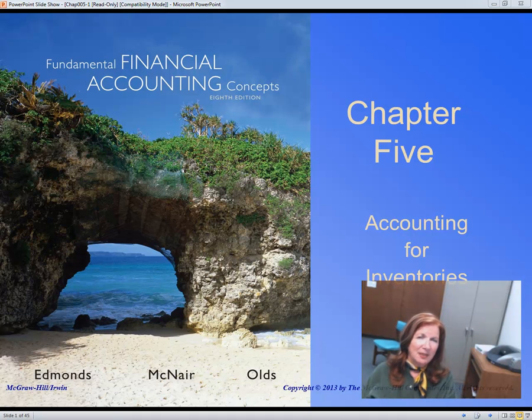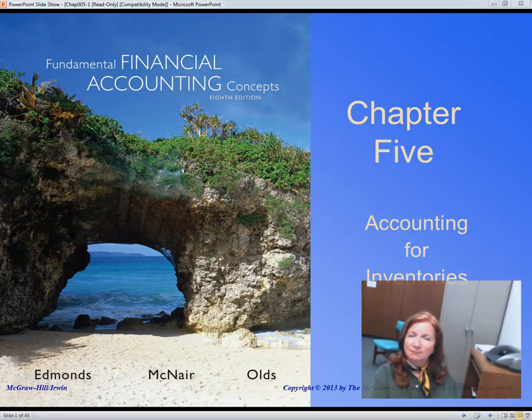They may be lenders wanting to loan us money. So there's a number of people outside these stakeholders. Suppliers giving us lines of credit might want to look at our financial statements, and they might want to use these ratios that we're talking about at the end of every chapter to see how we're managing our enterprise.